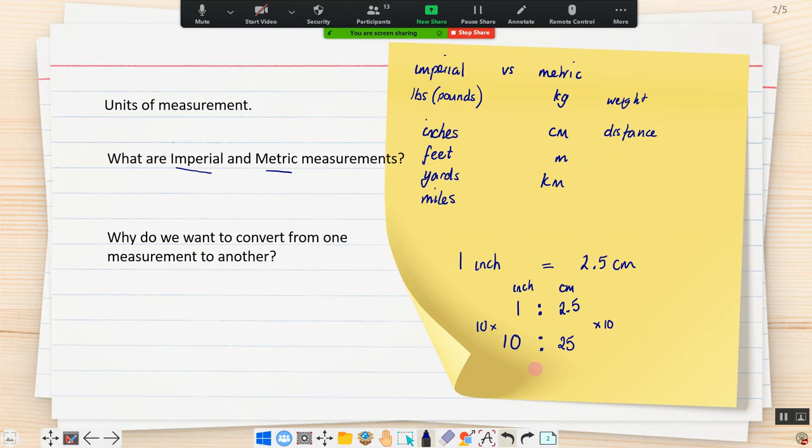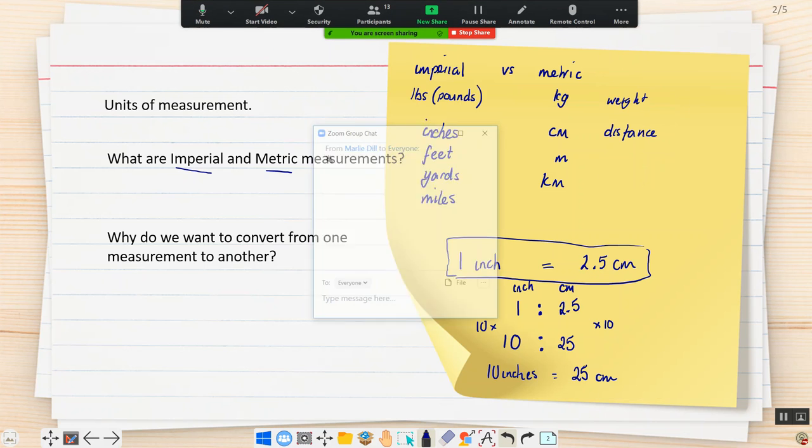So then I know that 10 inches is equal to 25 centimeters. Okay, so we did conversions like that. As long as you know the initial conversion, you can work out others.